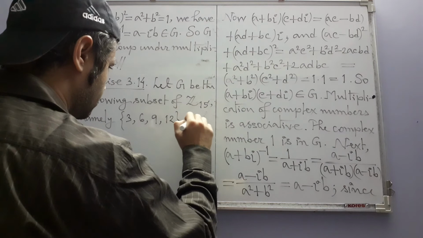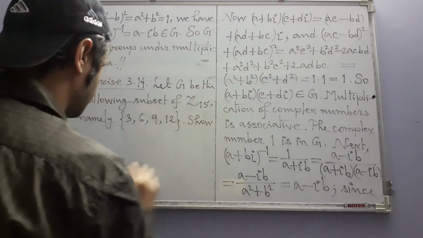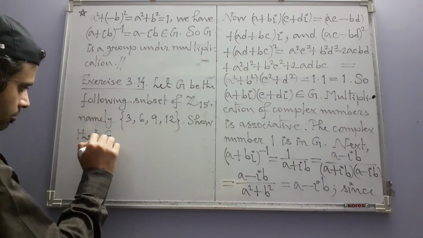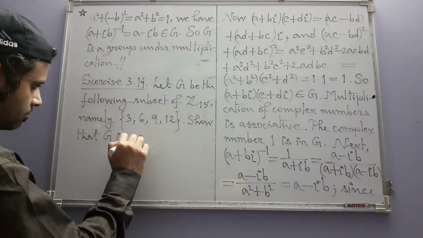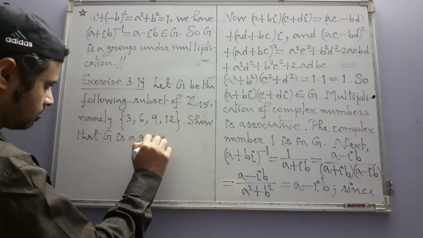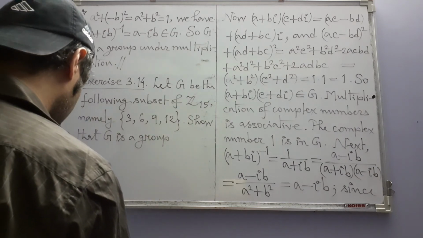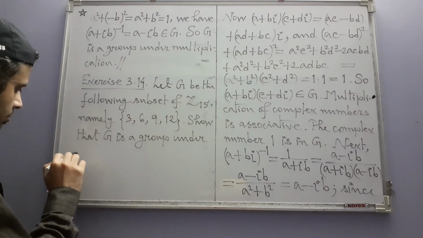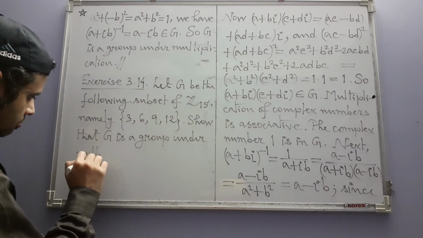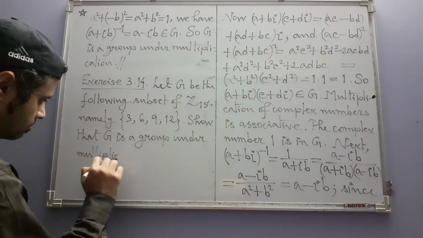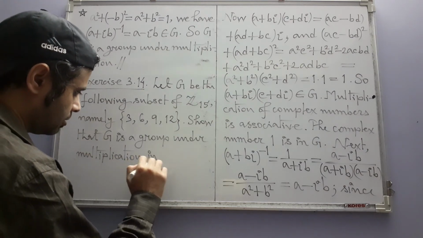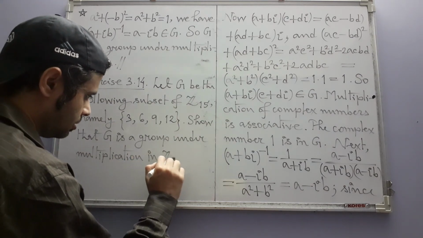Show that G is a group under multiplication in C15.